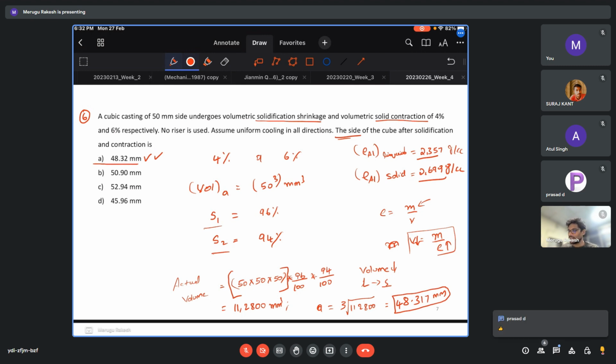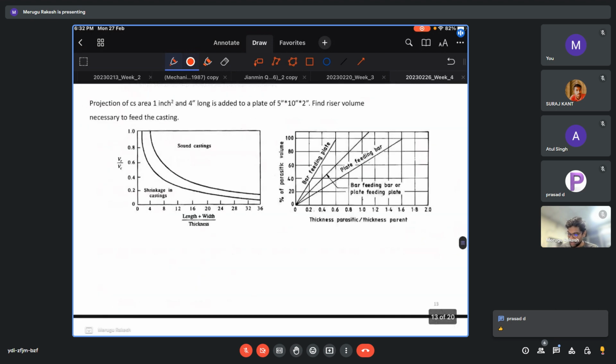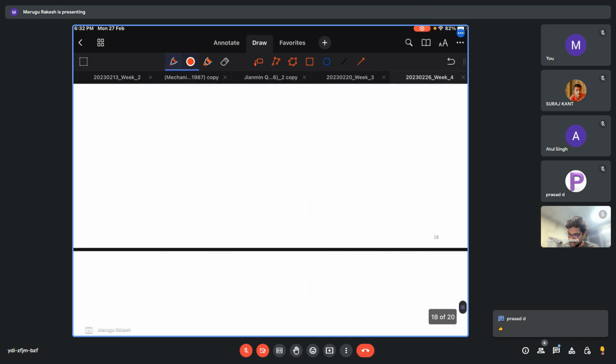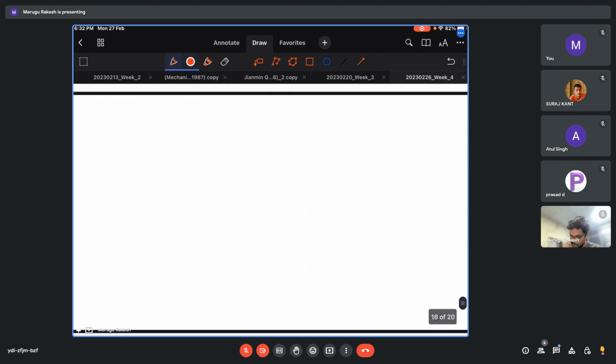So one practical example I would like to say. For example, you have a rectangular, say some coir plate.